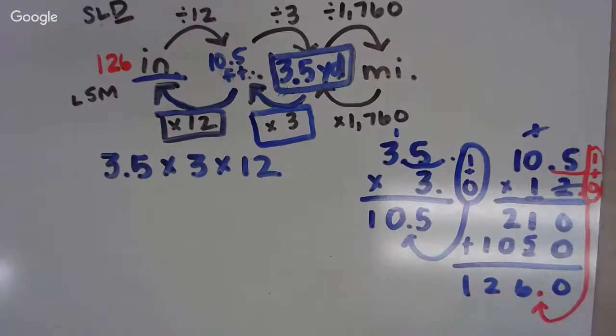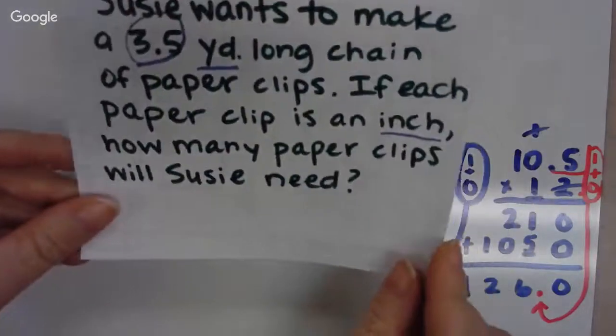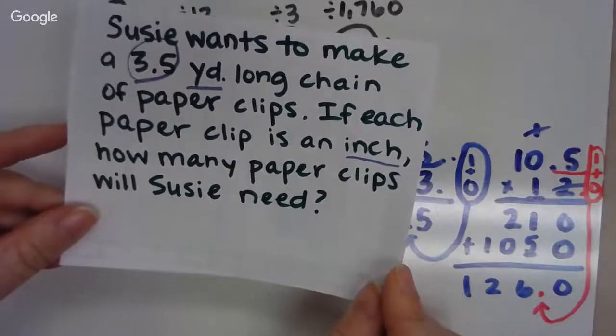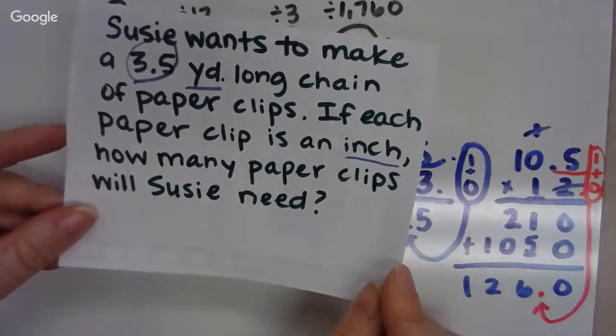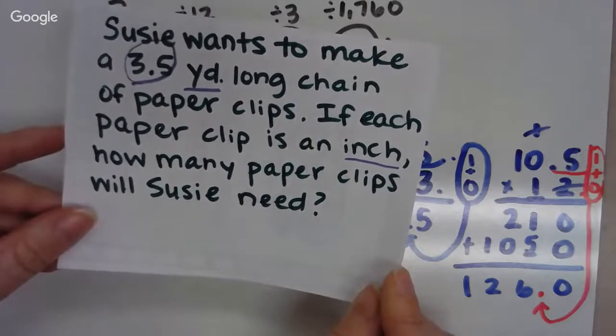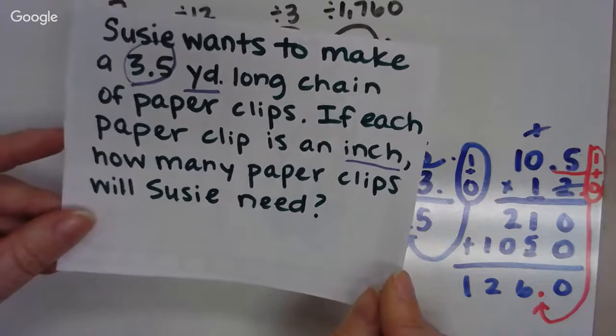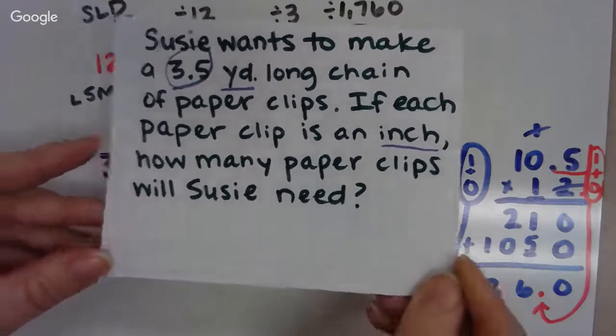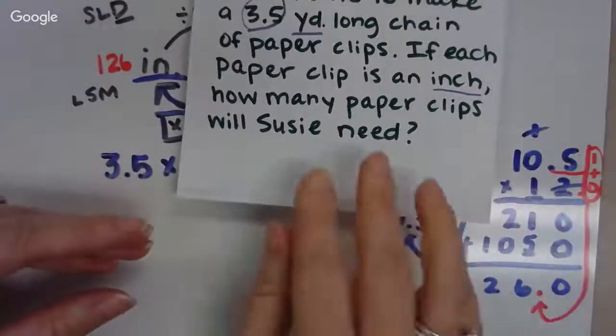But that's really not my final answer. Let's go back to our question and analyze how we're going to use 126 inches to answer our actual question. Susie wants to make a 3 1/2 yard long chain of paper clips. If each paper clip is an inch, how many paper clips will Susie need?